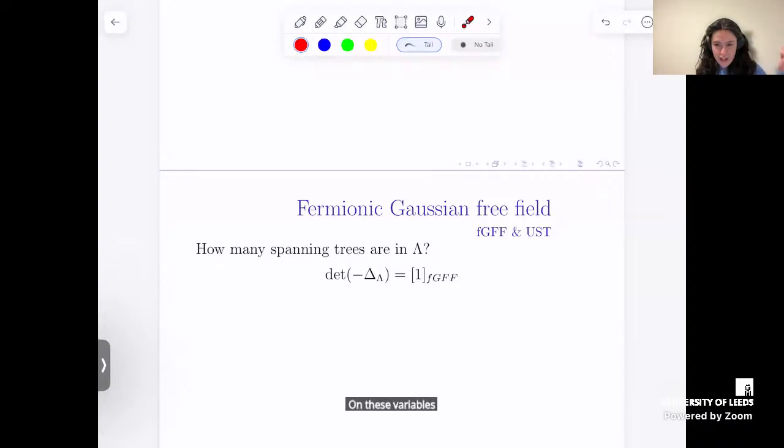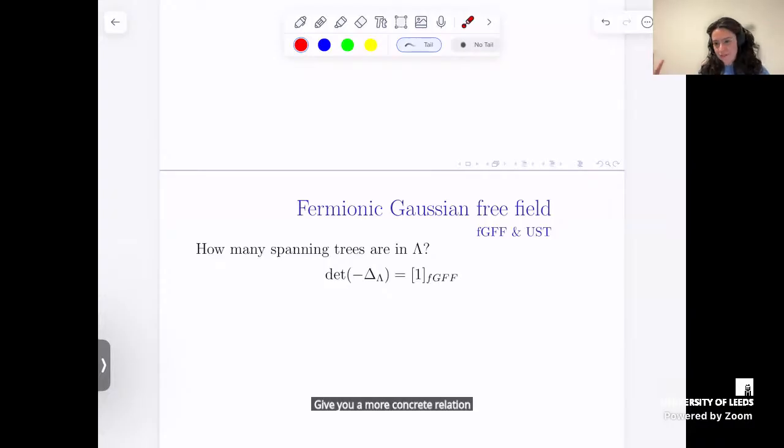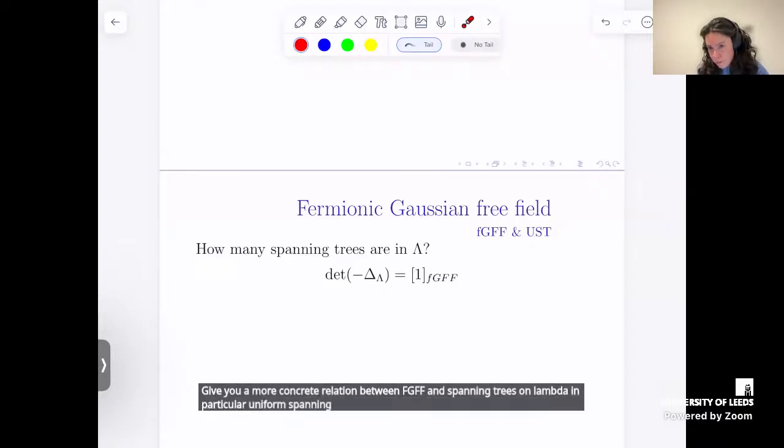So we have normalizing constants for the uniform measure on spanning trees of lambda and the normalization constant of the FGFF, and they are the same. Can I go beyond this? Can I give you a more concrete relation between the FGFF and spanning trees on lambda, in particular, uniform spanning trees of lambda?